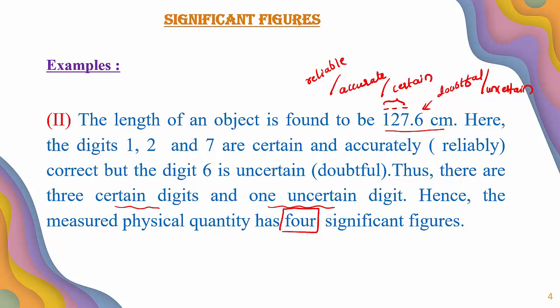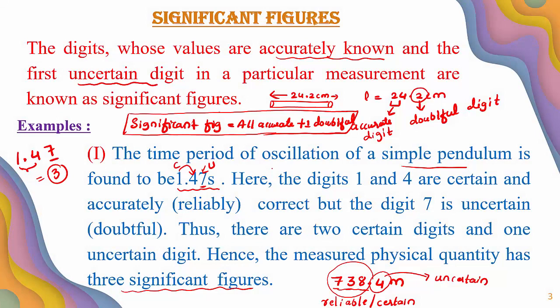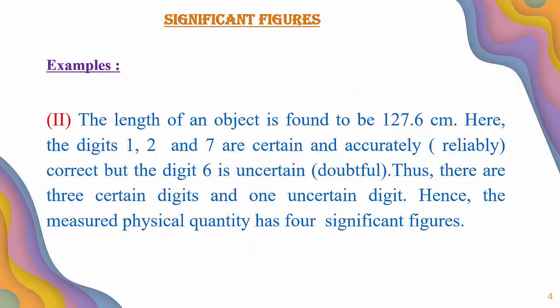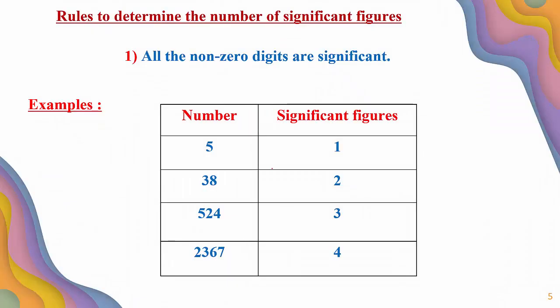Is it clear? What are significant figures? The digits whose values are accurately known and the first uncertain digit in a particular measurement are known as significant figures.